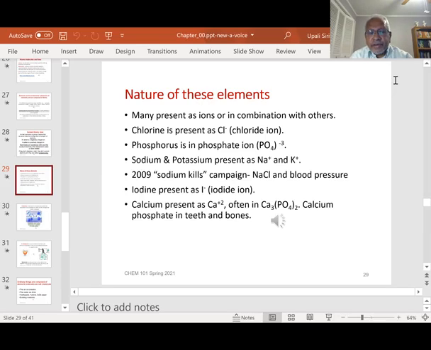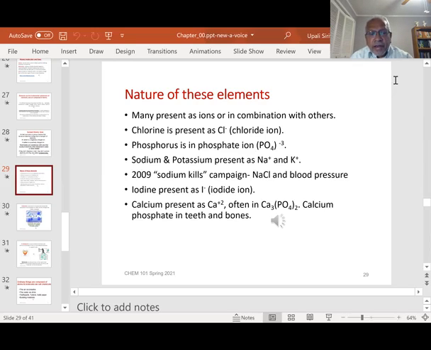Sodium and potassium are present in the body. Sodium and potassium ions participate in propagating nerve signals. So your brain sends signals to your muscles through these neurons, which have sodium and potassium exchanging process. Sodium chloride, which is an ionic compound, contains ions and affects blood pressure.